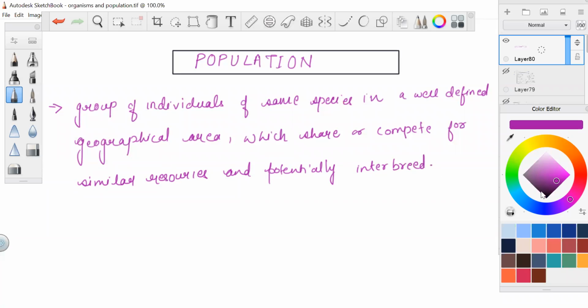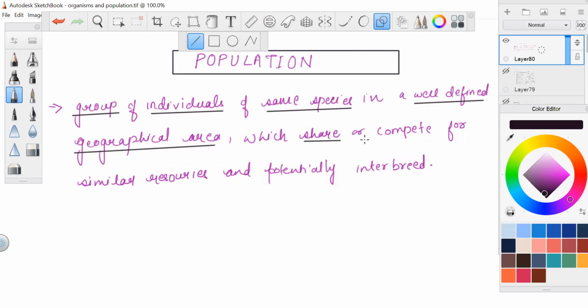Highlight the words. A group of individuals of the same species in a given or well-defined geographical area, which either share or compete for the same resources, and they potentially interbreed also.